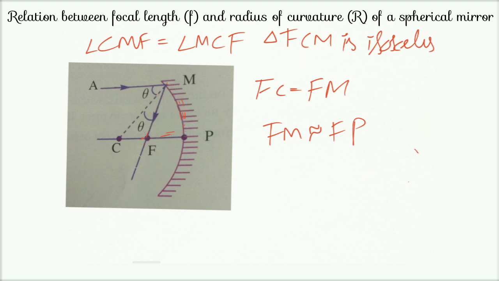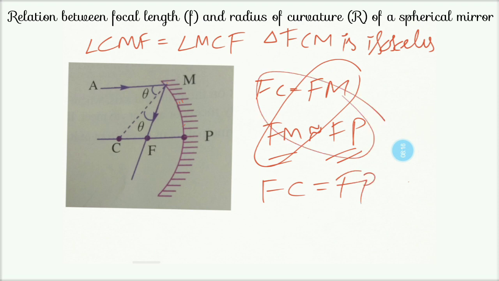Almost equivalent, so you will show this sign. You cannot say equal, but you can say similar or almost the same. So when I said that FM is similar to FP, see here also we have FM, here also we have FM. So that states that FC is equal to FP.